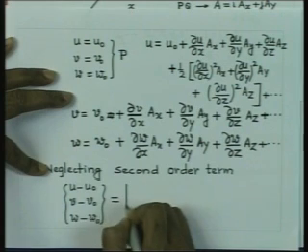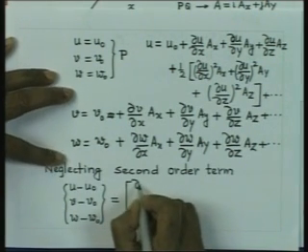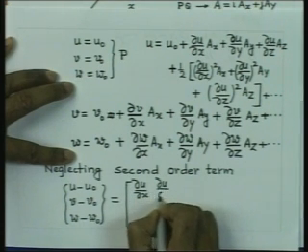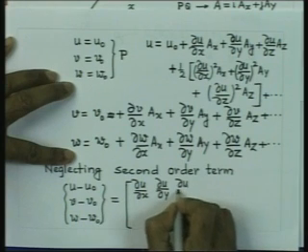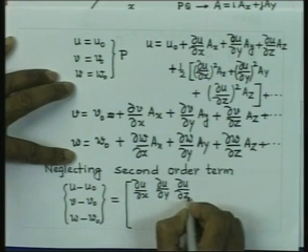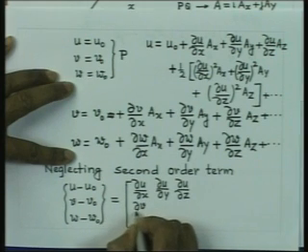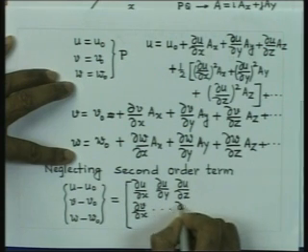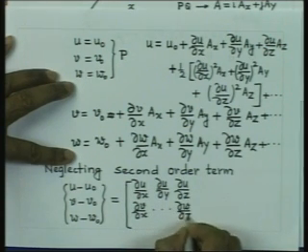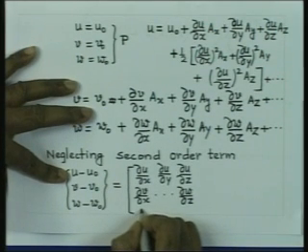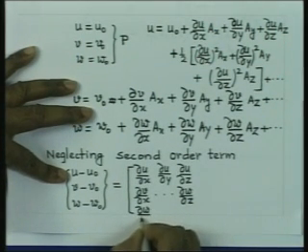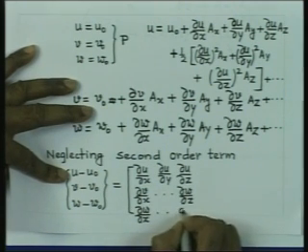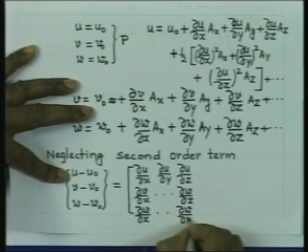This is nothing but, in a compact form, a matrix in which the first row is the derivatives of u, then we will have delta v delta x, delta v delta y, delta v delta z, and the last row will have the derivatives of w: delta w delta x, delta w delta y, delta w delta z.